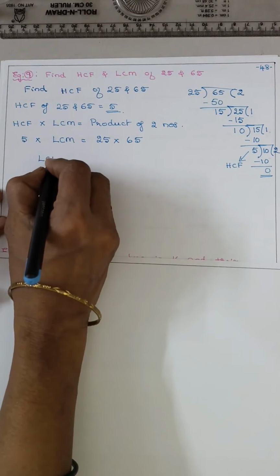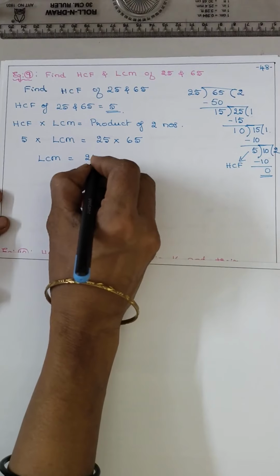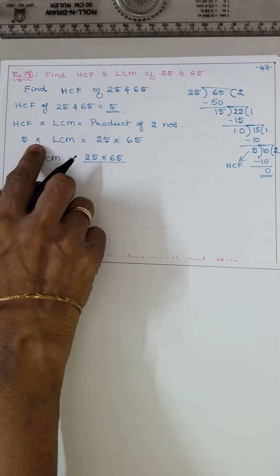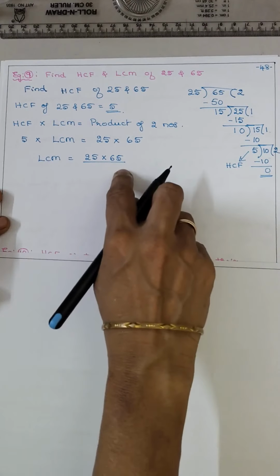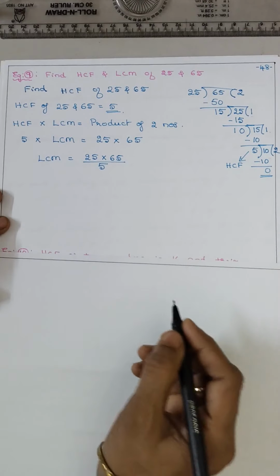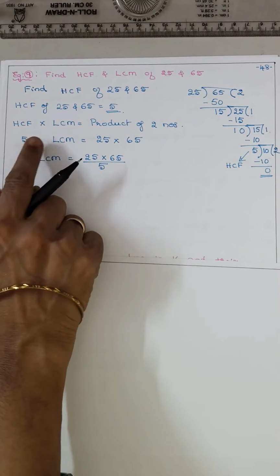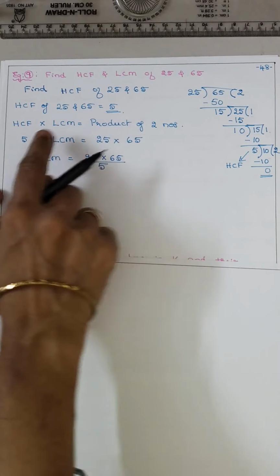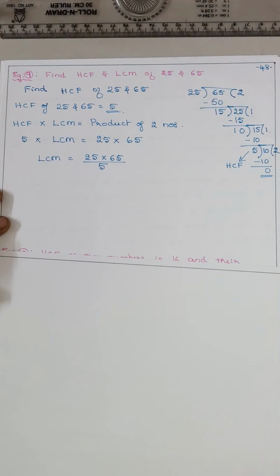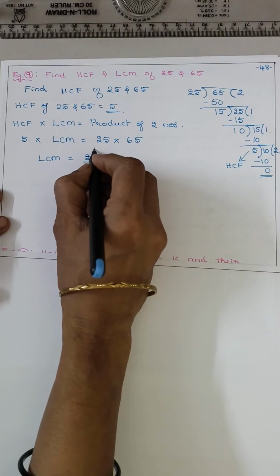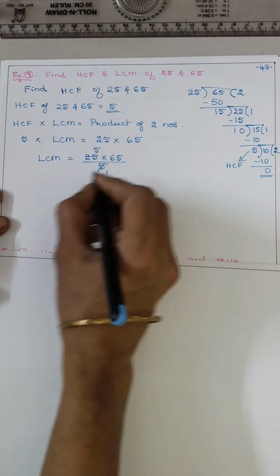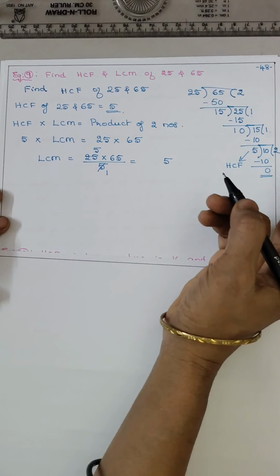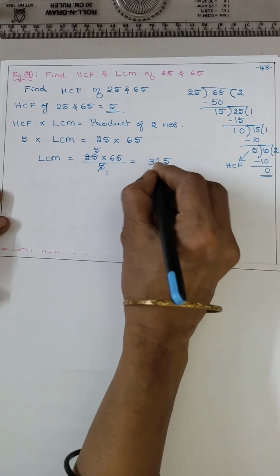Now LCM is equal to 25 into 65 divided by 5. मल्टीप्लिकेशन तो 5 को इस तरफ लेकर आने के वक्त वो डिवाइड. 5 into LCM, सो LCM इज इक्वल टू द राइट हैंड साइड में जो भी है डिवाइड बाय 5. Now 5 ones are 5, 5 5s are 25. So LCM is equal to 5 5s are 25, 5 6s are 30, 31, 32.